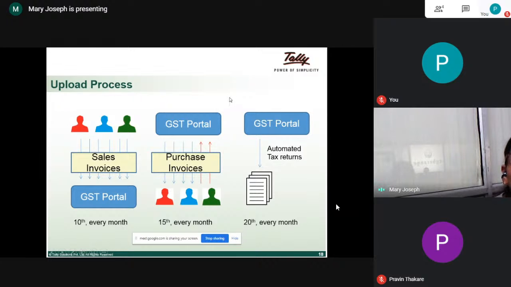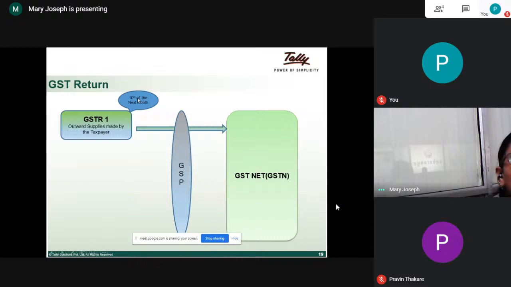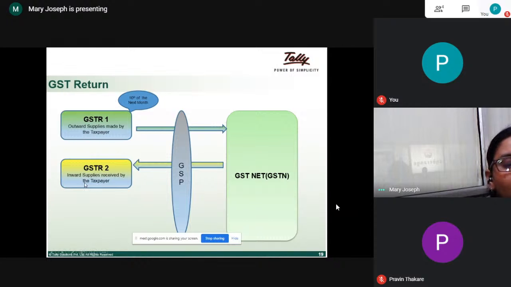GSTR1, outward supply made by the taxpayer, 10th of the next month. GSTR2, inward supply received by the taxpayer, meaning the purchases, 15th of the next month.